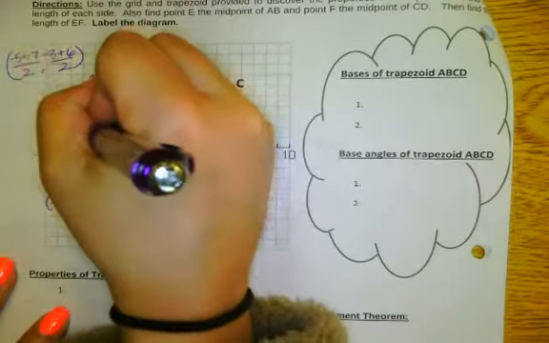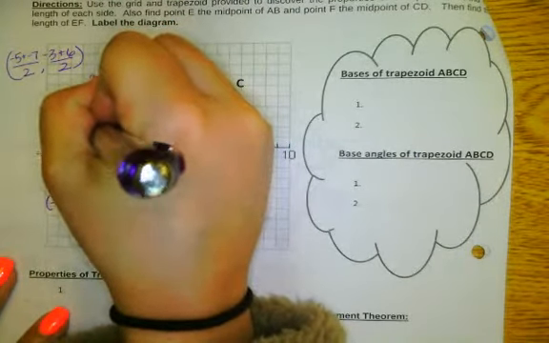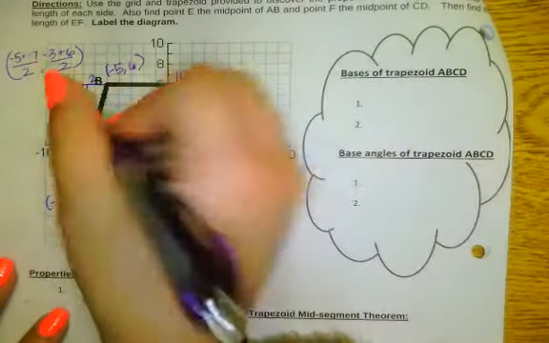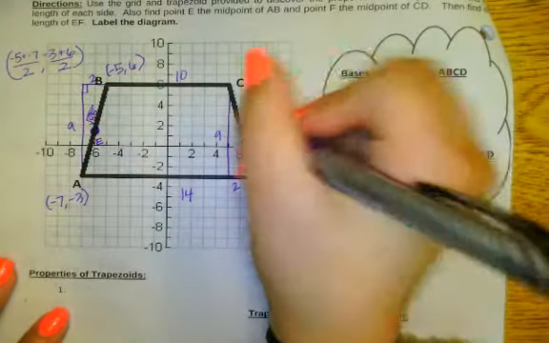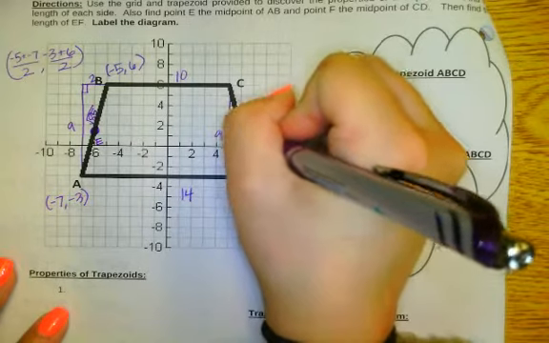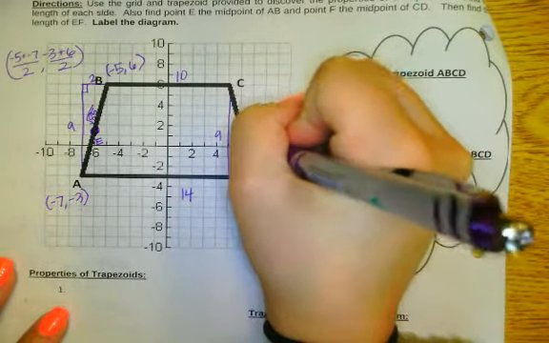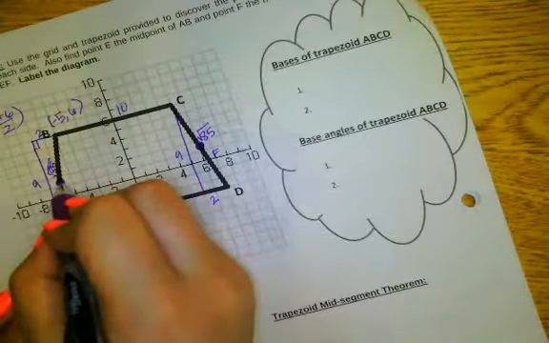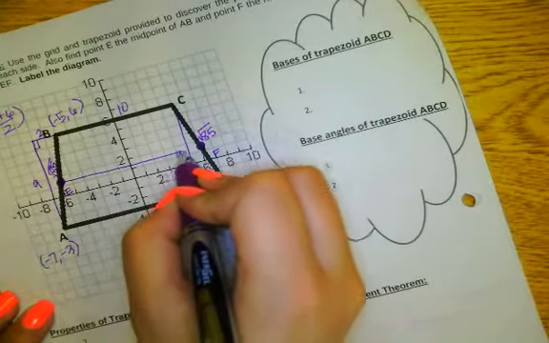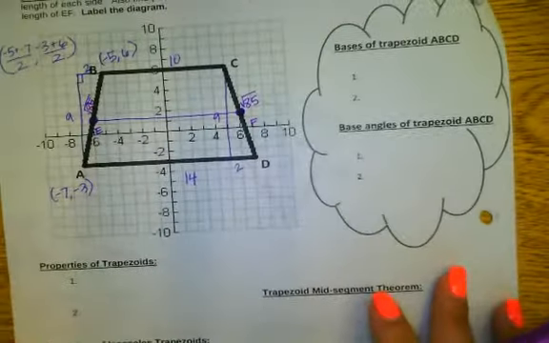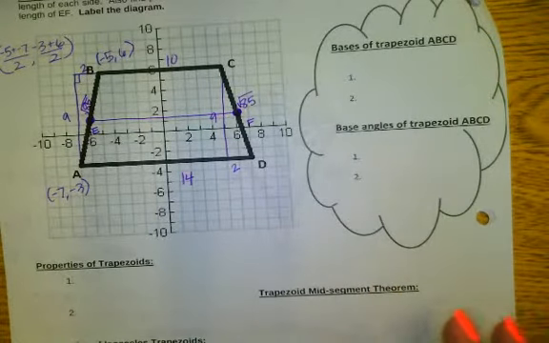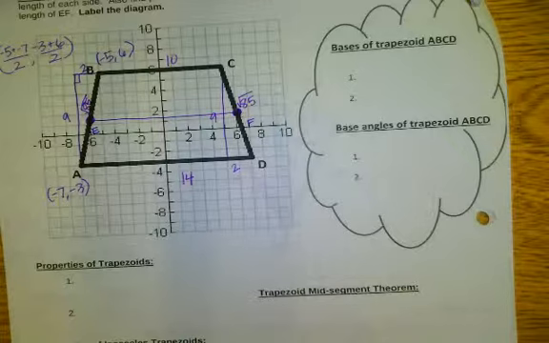So somewhere in here, and that is point E. Okay, and then I'm just going to go across and do the same thing for F. Okay, so what would be the distance of EF? Yeah, 12.